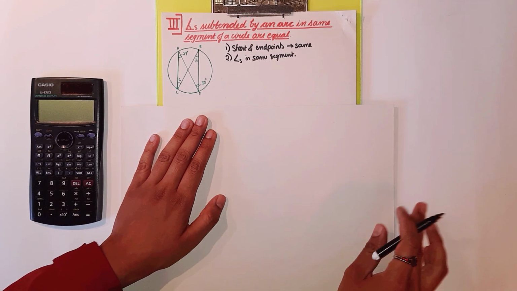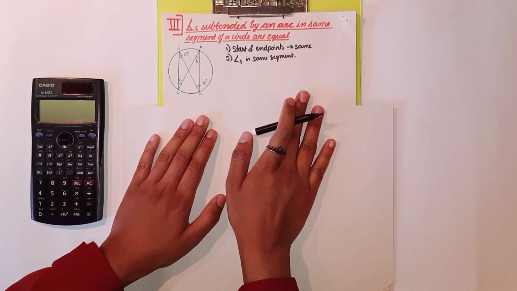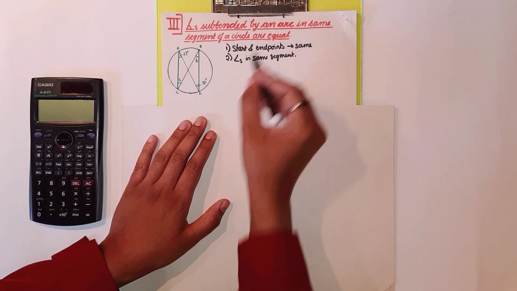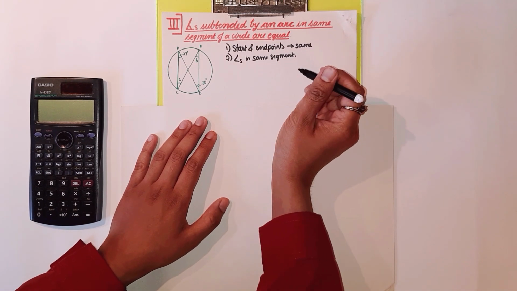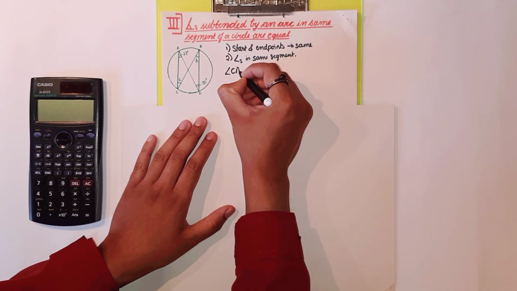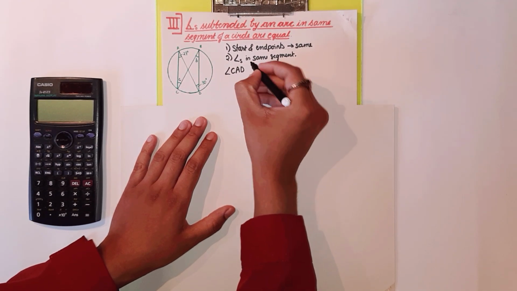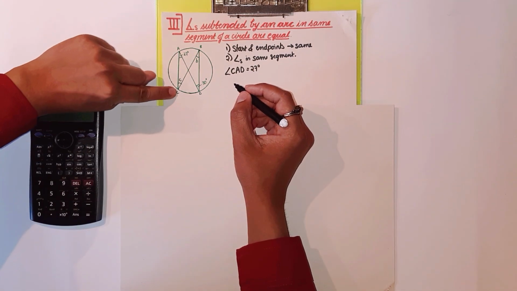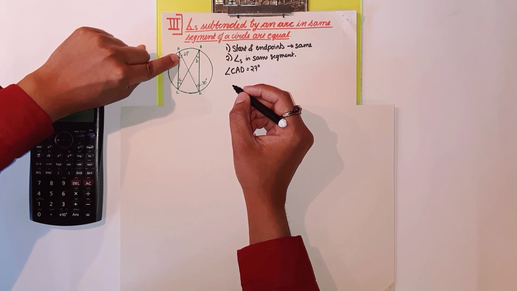Now let us understand this rule through the example, right? So what do we have? We have angle C, A, and D is given as 27 degrees, right? I hope you see it. So this is C, A, and D. This angle is 27 degrees.